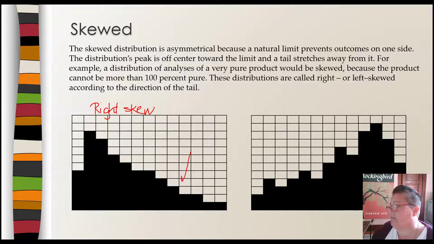Because the tail is right here. That means the other one would be our left skewed because our tail is on the left.